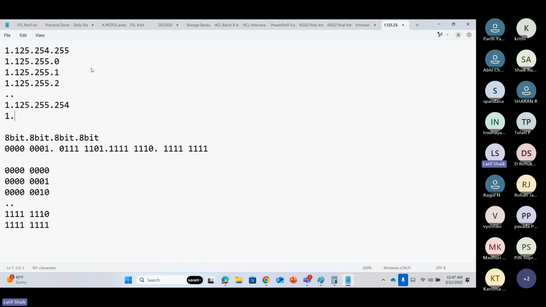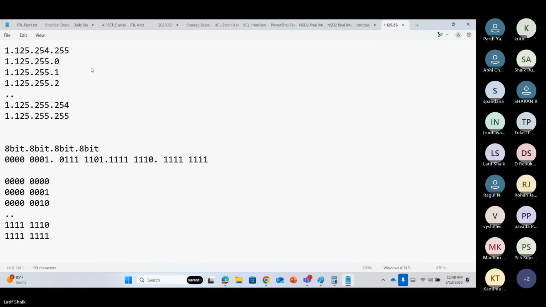We got 1.125.255.255. Now just think like this. This 255 becomes 0, and the 255 before it is completed. Next it becomes 0, and 1 is carried forward.